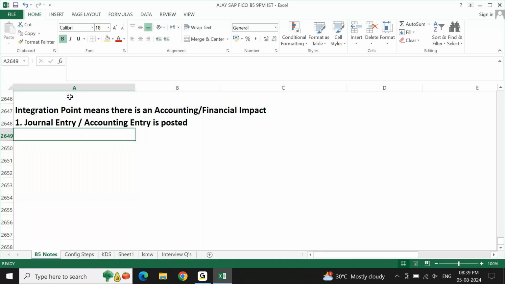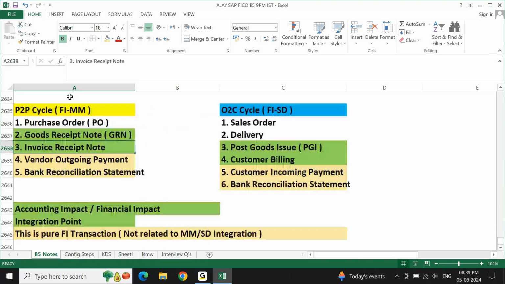When you're talking about journal entry, you need to understand debit and credit. In each scenario, wherever we have highlighted that there is an integration point, at this integration point level, there is a debit and a credit, which will be recorded as an accounting transaction, accounting entry.